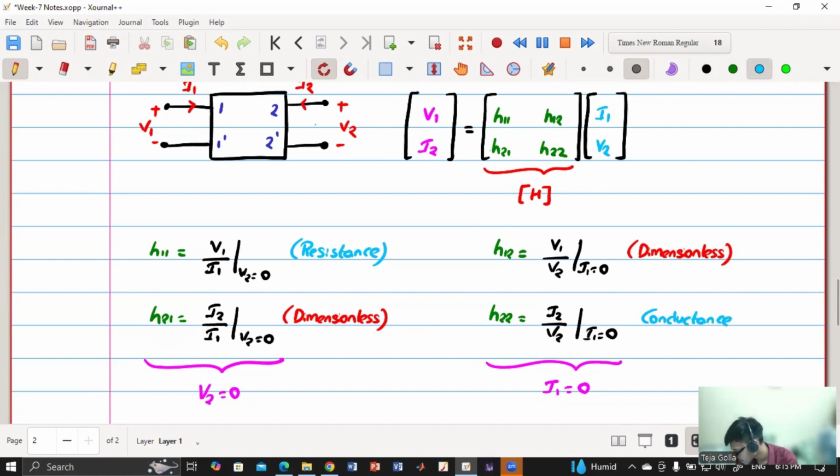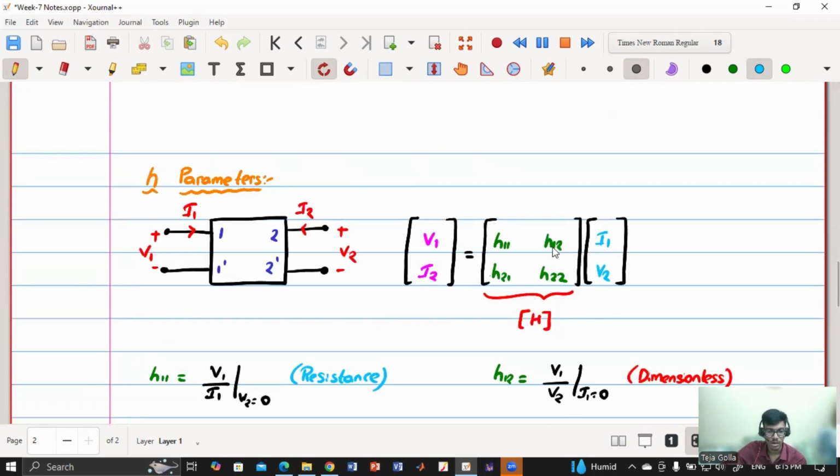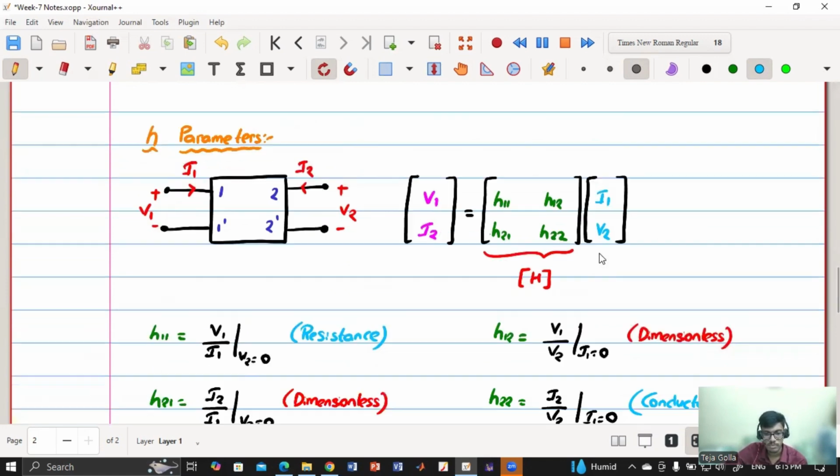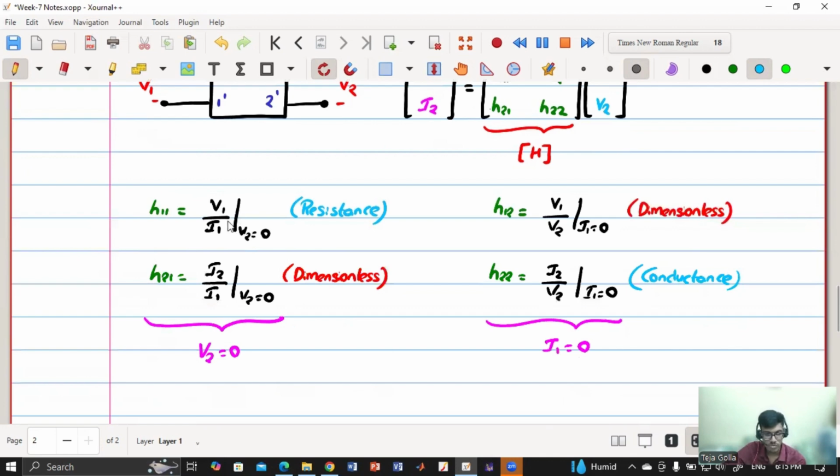So is this clear? First we got this definition of how H parameters are defined. We have defined input and output. From this matrix I am drawing H11, H21, H12, H22. And then from there I have written their dimension, whether they are dimensionless or resistance or conductance.